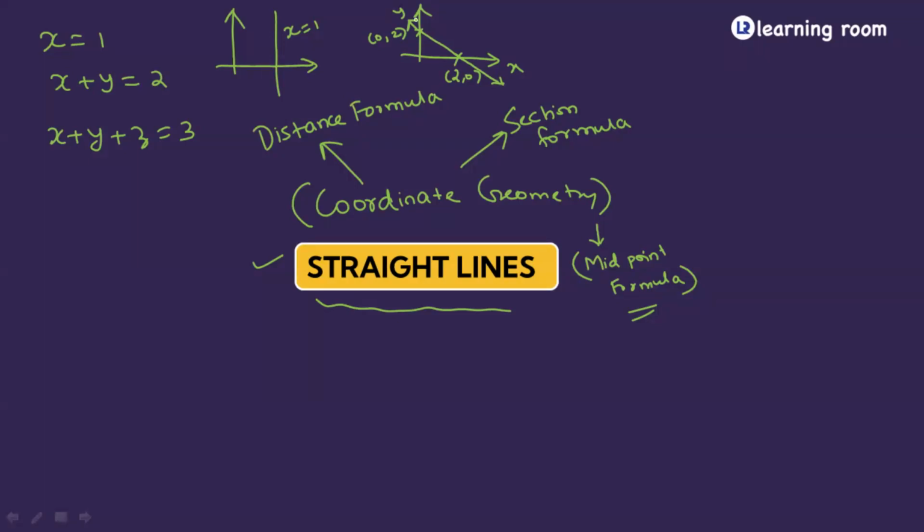That is the whole objective of this chapter, right? But to write the equation of a straight line, you need to know the basics of coordinate geometry: the distance formula, section formula, and midpoint formula, which I will take you through quickly. I'm not going to show you the derivation because it is already learnt.